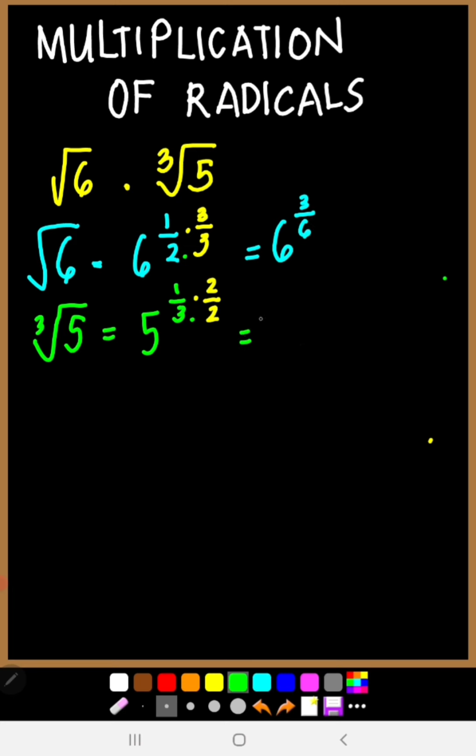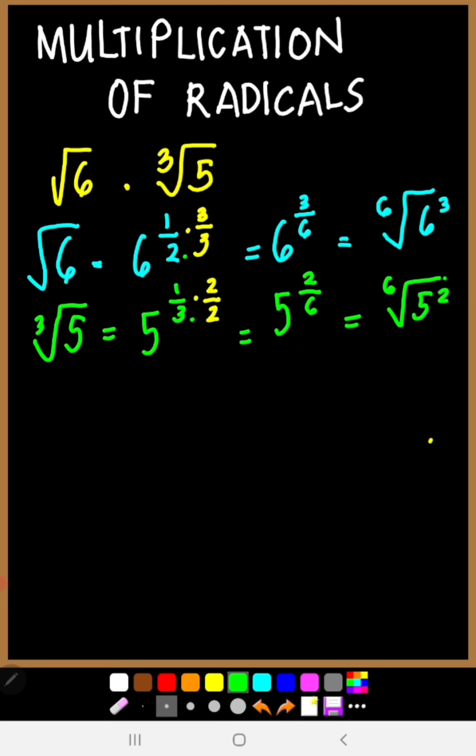Tapos, ito naman, magiging 5 raised to 2 over 6. Okay? Then, we can transform them into radical form ulit. So, magiging index 6, 6 raised to 6 cube. And then, ito, magiging index 6, 5 squared. O, diba? Parehas na sila ng index.